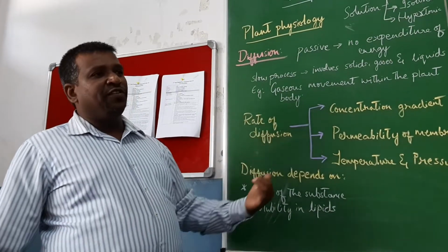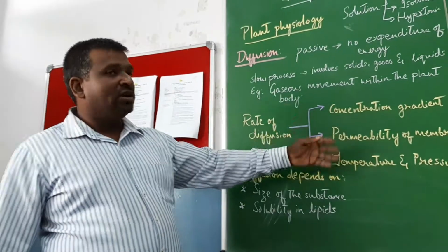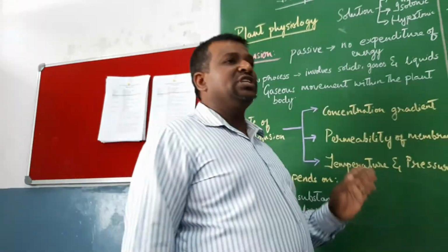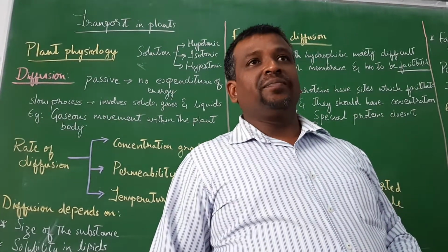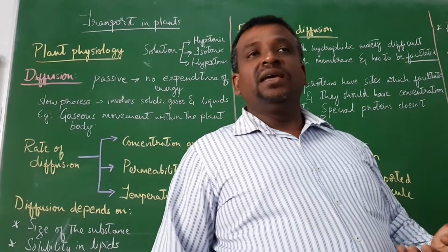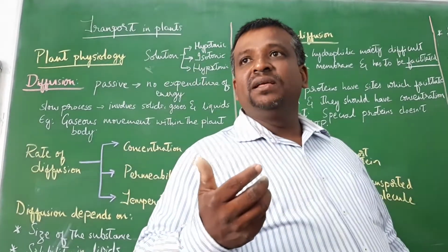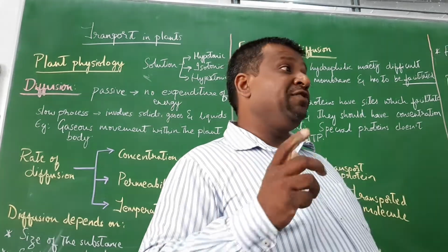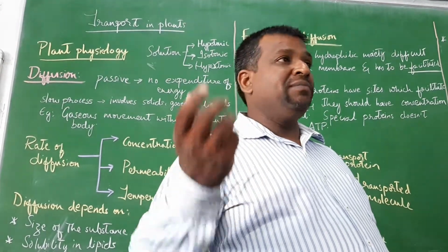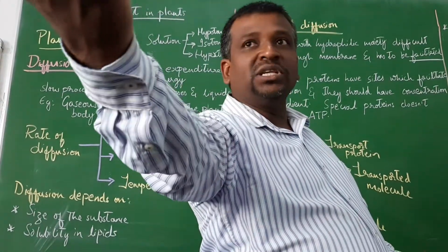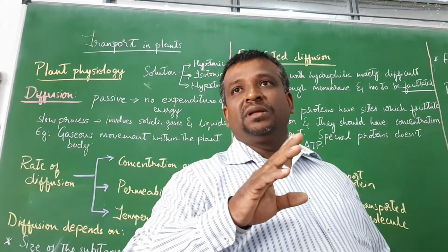Now, the rate of diffusion might be more or less based on these factors. The rate of diffusion is always towards the concentration gradient. What is a concentration gradient? One level has a higher concentration, another level has a lower concentration. Diffusion is always along the concentration gradient; it always moves from higher concentration to lower concentration and not vice versa.